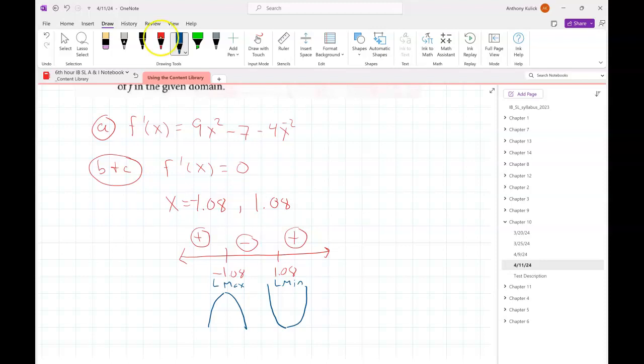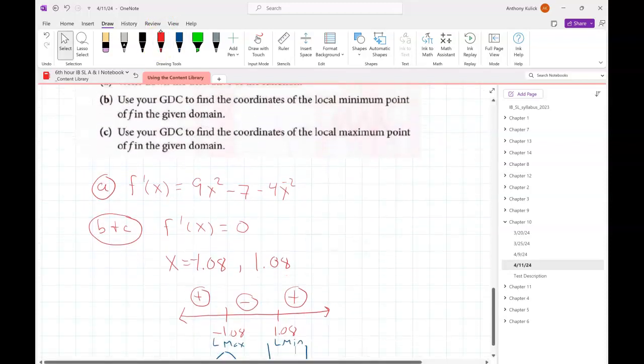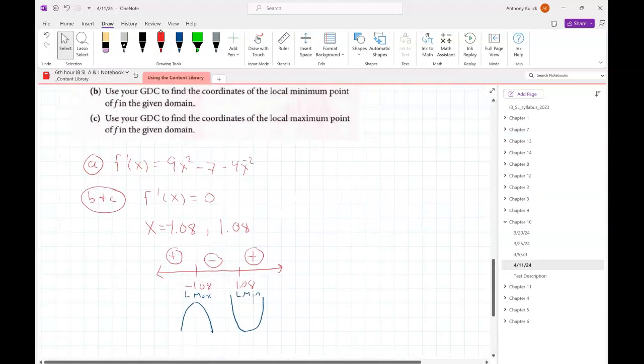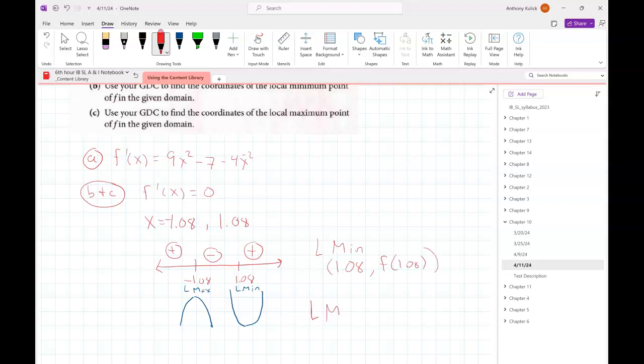Okay. And then my last piece says it wants the actual coordinates where those maximum and minima are occurring. So my local min is going to be 1.08 comma f of 1.08. And my local max is going to be -1.08 comma f of -1.08.